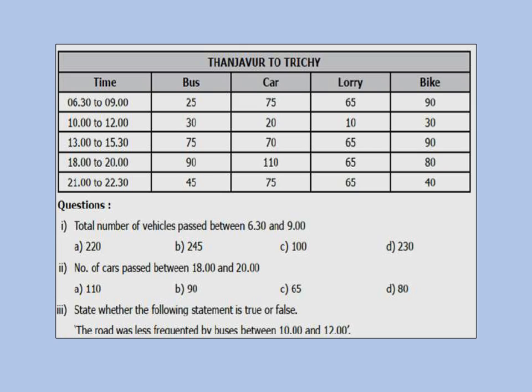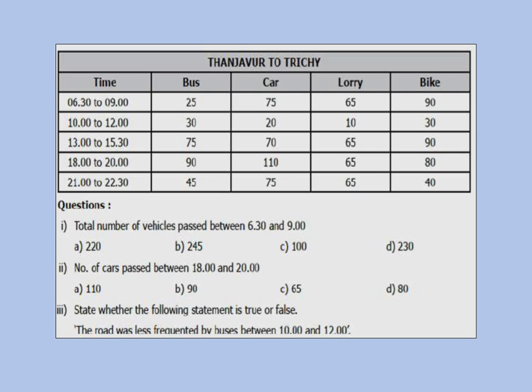The answer given here is wrong. That's why we have to write 255. Number of cars passed between 18 and 20. Number of cars, 110. So A is the answer.